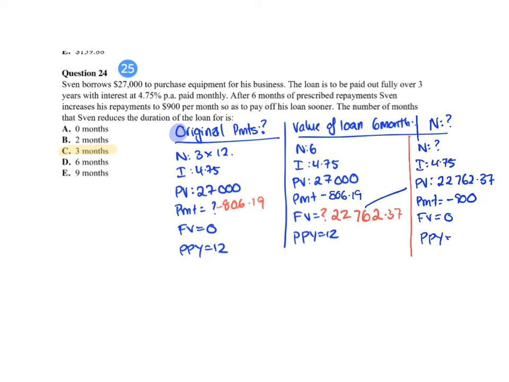It's going to take 26.7, so 27 months. So 27 months plus the 6 months he's already done, that would equal 33.